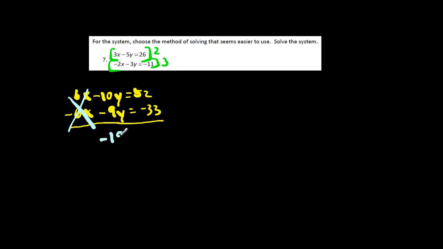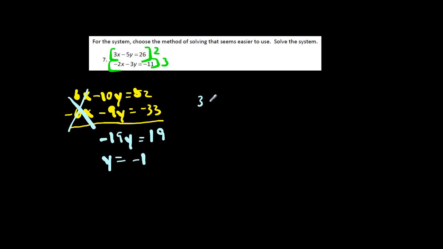I'm going to have negative 19y equals 19. 52 minus 33 is 19. Divide both sides by negative 19, I get y equals negative 1. So what I do now is I can choose to stick in negative 1 for either this y or that y, and then just solve for x.